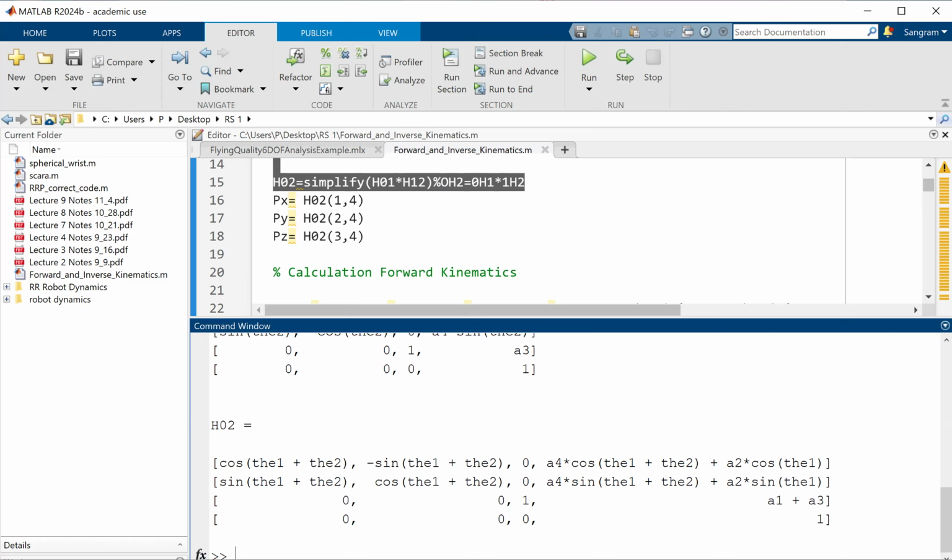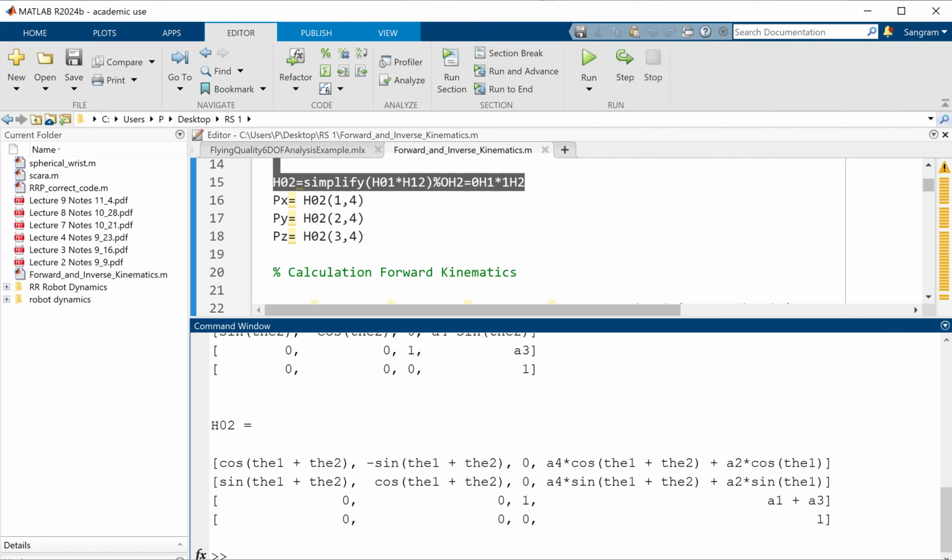And you can immediately recognize that what you see here and here, these are the exact same relationships that I wrote down on the 2 degree of freedom planar robot. So can you see A2 cosine theta 1 plus A4 cosine theta 1 plus theta 2, A2 sine theta 1 plus A4 sine of theta 1 plus theta 2.